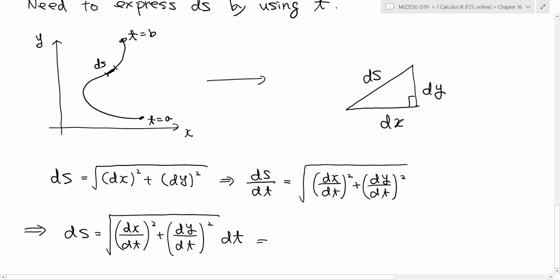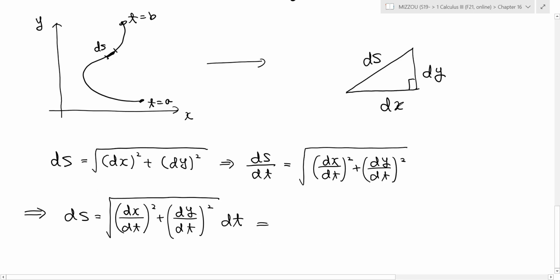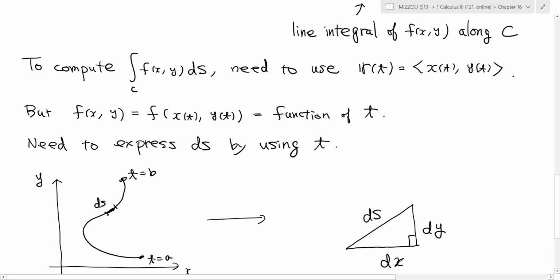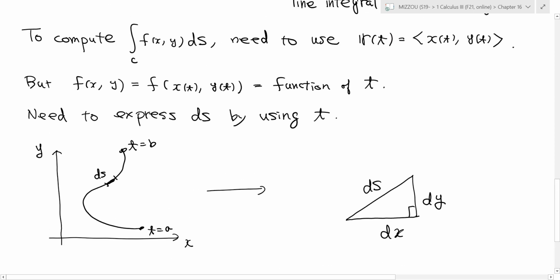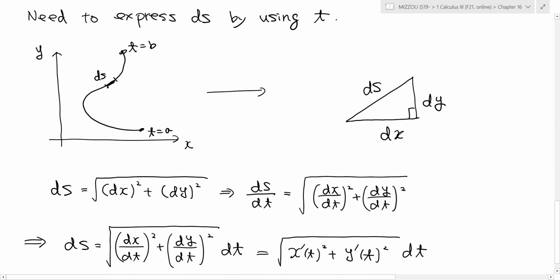Or another way of writing this is, so x is a function of t, y is a function of t. So that means the derivative is the square root of x prime of t squared plus y prime of t squared, dt. You may write it as this. But what is this? This one is, after all, the same as what? Remember, r of t is x of t, y of t.